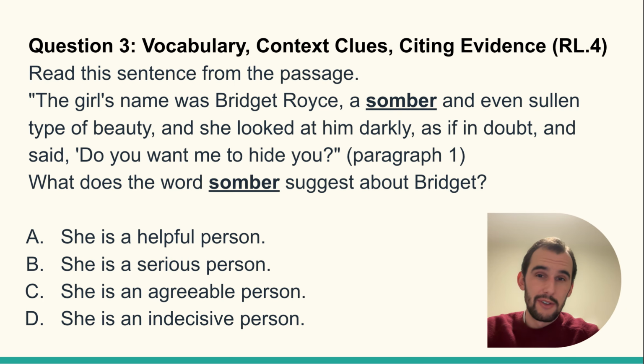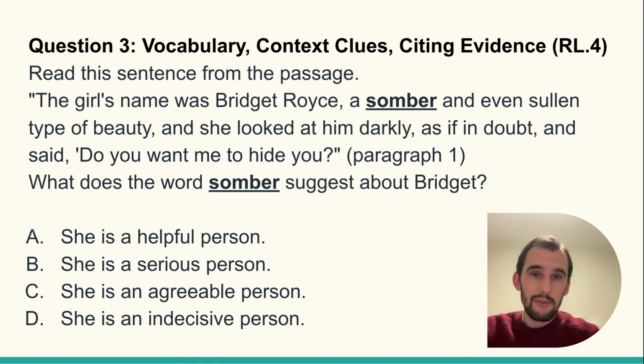She's a helpful person. That looks like a possibility because she's offering to help him, right? She says, do you want me to hide you? So it sounds like A is an option. Does somber mean that she's helpful? The way that we can kind of avoid that trap or that distractor is by looking at somber and what it's next to. We see the word somber is next to the word sullen.